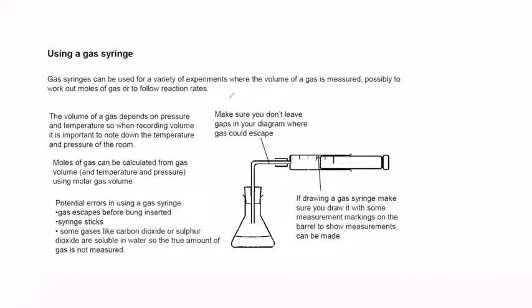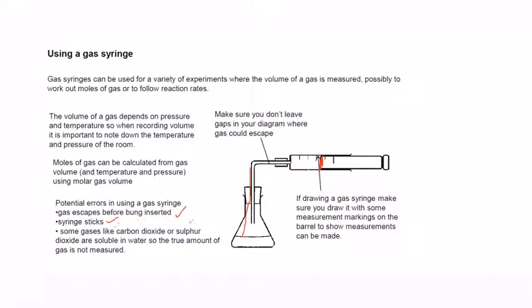What are the errors associated with using a gas syringe? Gas may escape before the bung is inserted. When we insert the bung, maybe the reaction started and the gas might escape. That's an error. The syringe might stick, which will lead to an error.